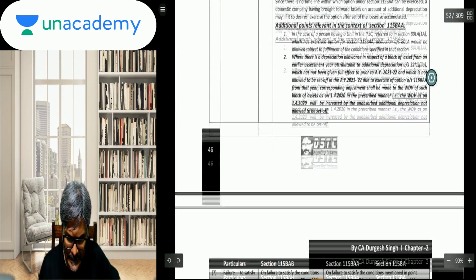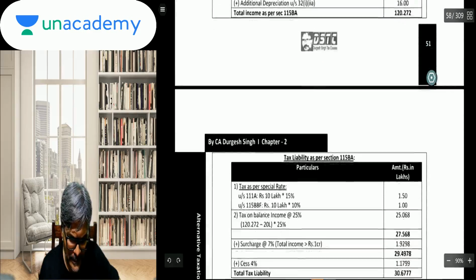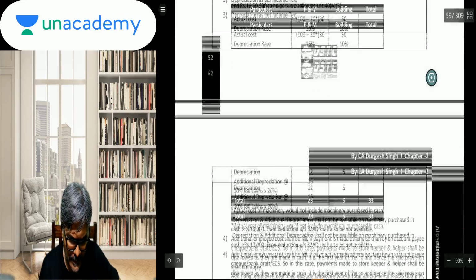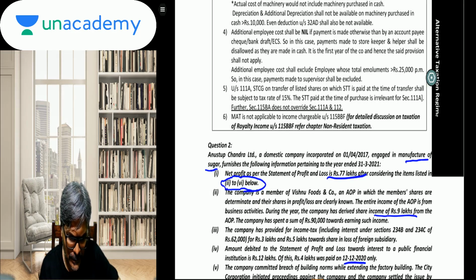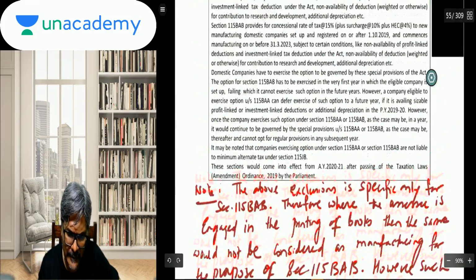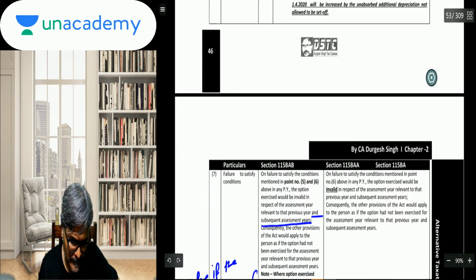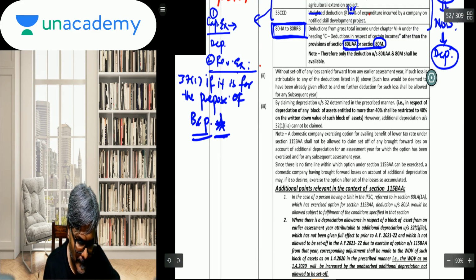And in fact, this question I can just share with you. Question number 2, Anustup Chandra Limited. I'm just giving the reference.